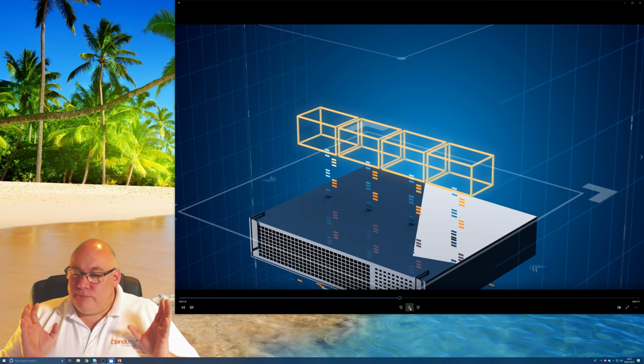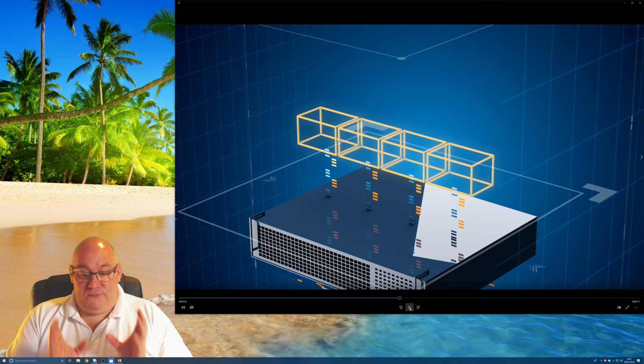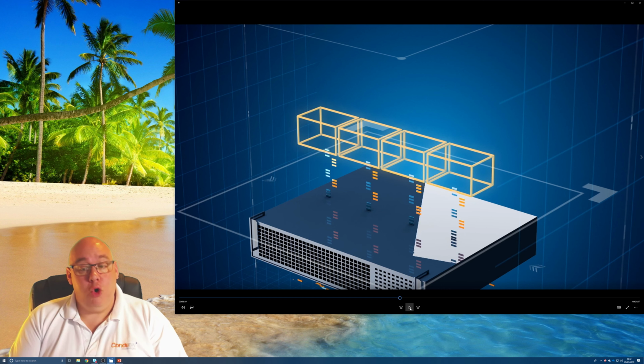So think for a moment, should your first go-to solution be to spend lots of money on hardware, or should it be to try and tune the workloads that you're running and utilize the hardware that you've already purchased, that you already own?